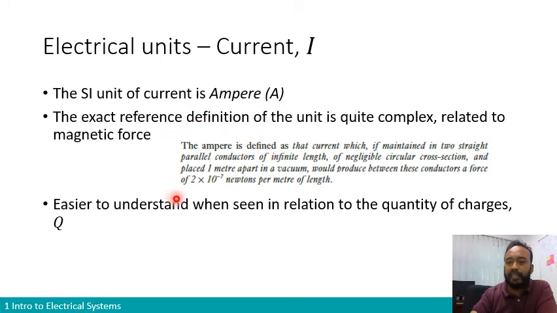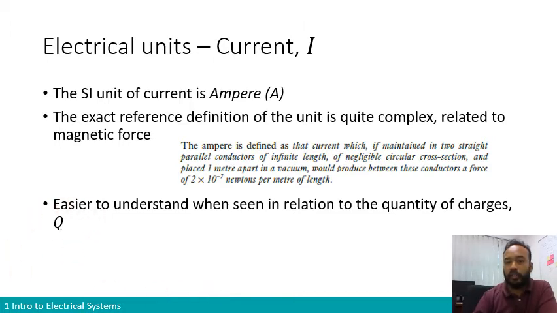It is related to a certain force, because we know there are electromagnetic force properties on a conductor that's carrying a current, but we're not going to explain that because we need a certain background in electromagnetism. What I want you to know is that current is measured in ampere, and it is easier to understand current in relation to charges, the quantity of charges.